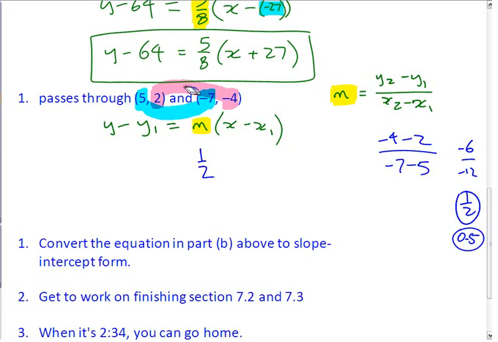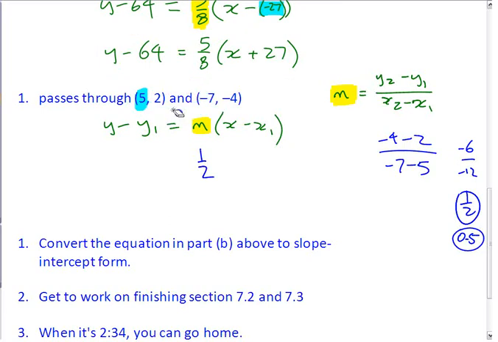The other way you can do the slope is just by looking at the numbers. I'm going either direction, whichever way you want to go. If you go from 2 down to negative 4, and you go from 5 down to negative 7, look at the two changes here.